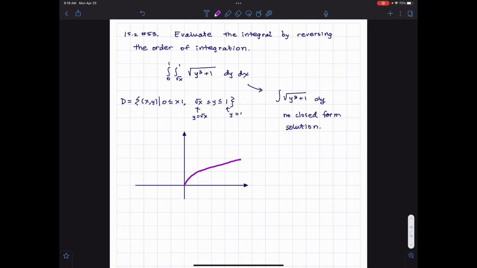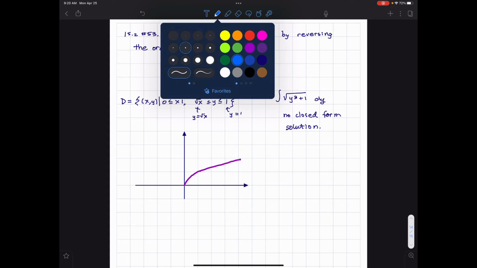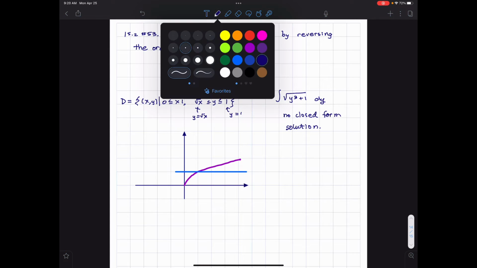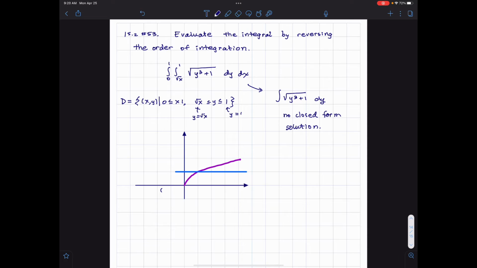And then y equals 1 is a horizontal line. And then x is between 0 and 1. So we're going to have 0, 0, and 1, 0 right here.